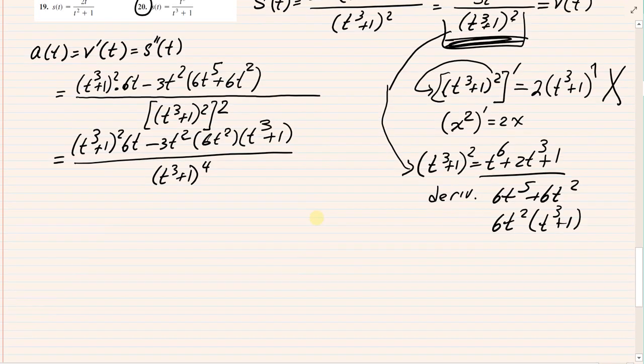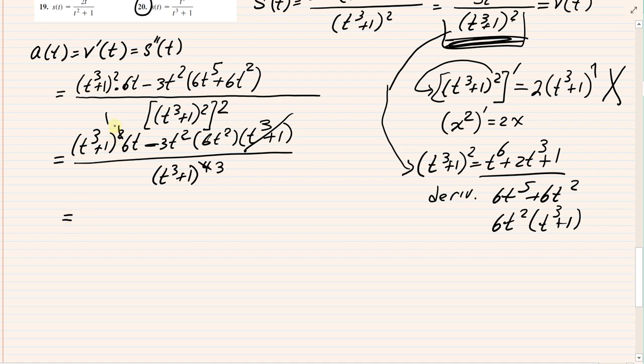Now, there's t cubed plus 1 in the numerator and in the denominator, right? So we can cross out that t cubed plus 1, one of the two in the front and one in the bottom. So in effect, I crossed out a factor of t cubed plus 1 from the top and the bottom.